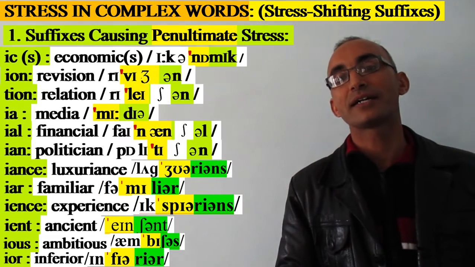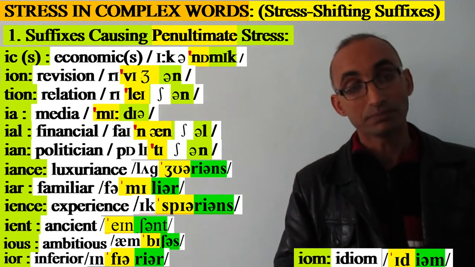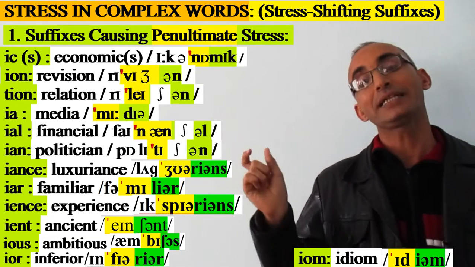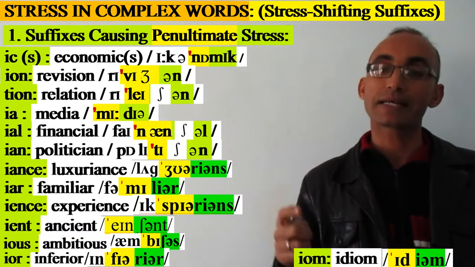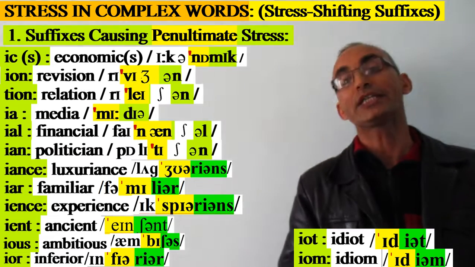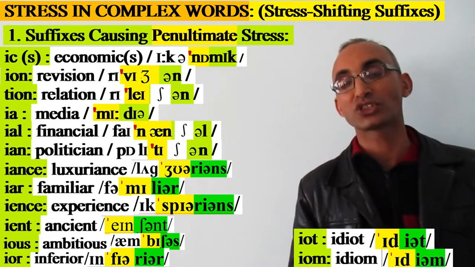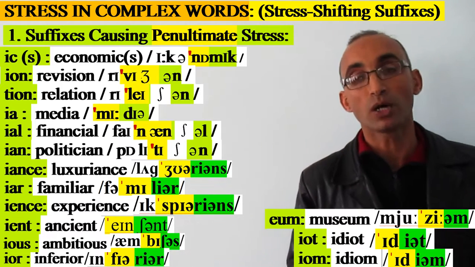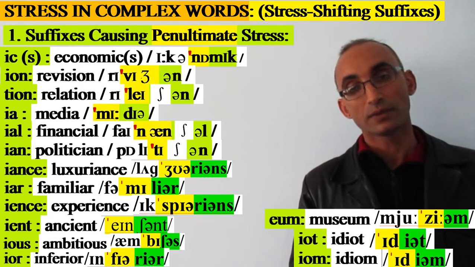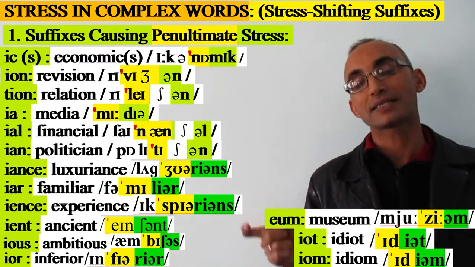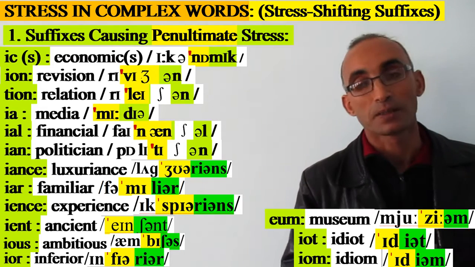Also we have iom, like in idiom. So diom is the suffix, we stress what comes directly before it, which is i. Also iot, like idiot, the same thing, where we stress i and not the suffix diot. Also museum. Here the suffix is um, so we stress zi.